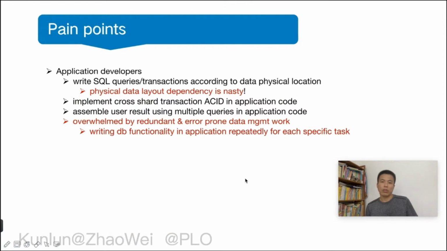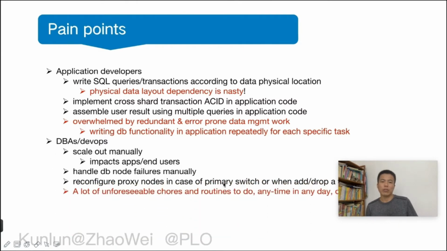In all, the pain points for applications to solve data management requirements are that application developers have to write SQL queries and transactions according to data physical location and implement cross-shard transactions. And they will be overwhelmed by redundant and error-prone data management work.